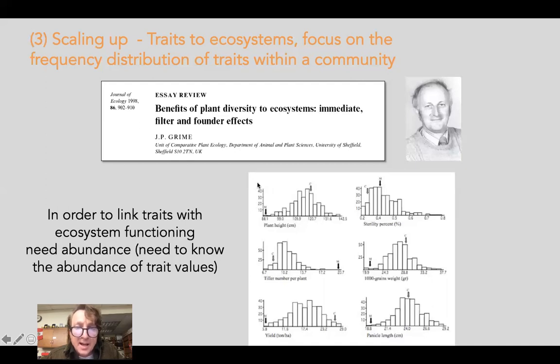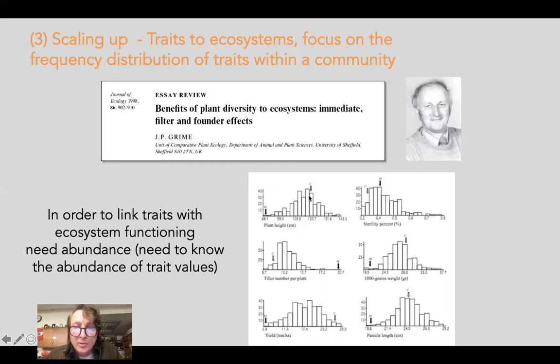Here is an example within a given community of a given trait, plant height, looking at the frequency distribution of individuals. This isn't species, this is individuals, of a given height value. As you can see, there's a given height value or size measure that's the most frequent in a community, and we can do that for several different traits.